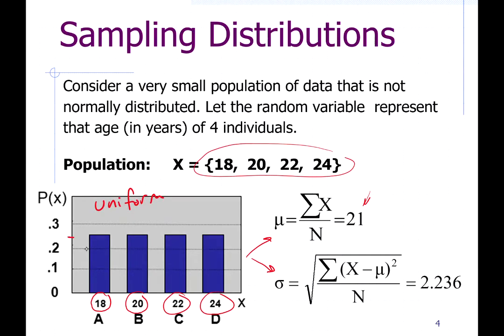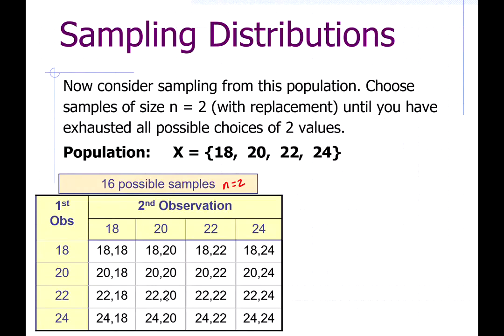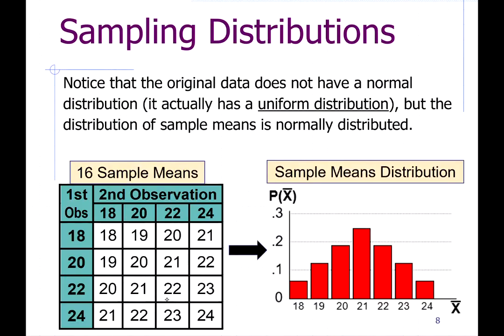But when we start taking every possible sample and look at every possible sample mean, that distribution, which is uniform for the data, is actually normal for the distribution of sample means. And then we could do the same thing as before, calculate the mean of the sample means. So instead of the data, we now have these 16 values. These are the sample means. And we could calculate the mean and the standard deviation of this set.